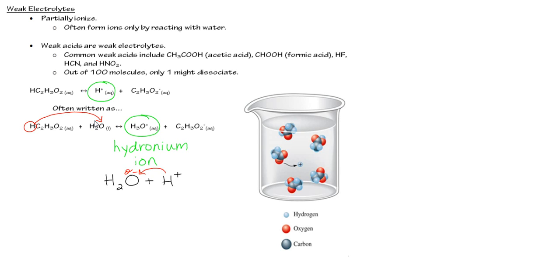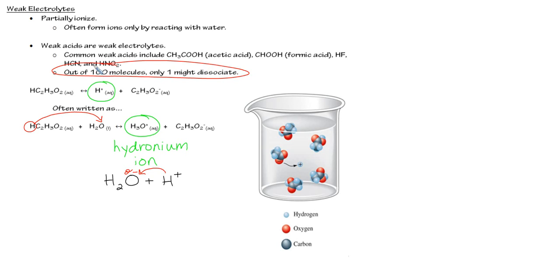Either way, I'm showing that there's extra hydrogen in the solution. Now, the trick with a weak acid is that this whole dissociation, this losing your hydrogen thing, might only happen 1 out of 100 molecules. That's the big difference between strong and weak. In a strong acid, everybody splits.